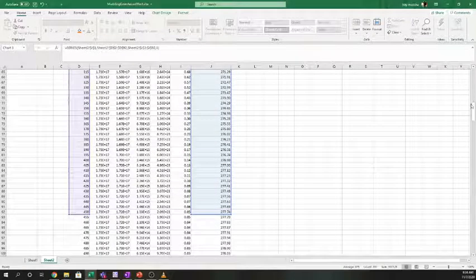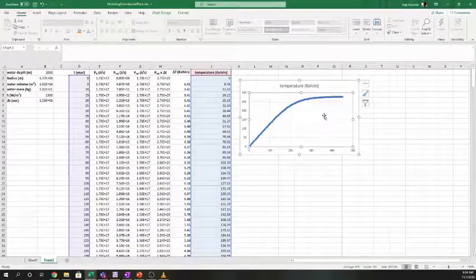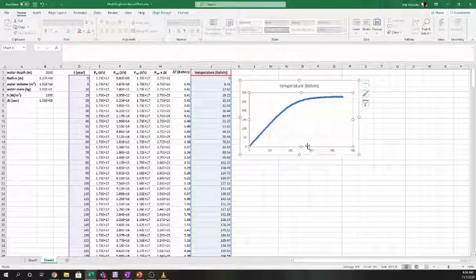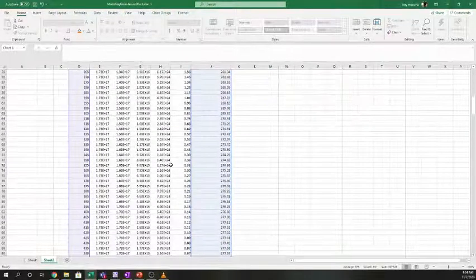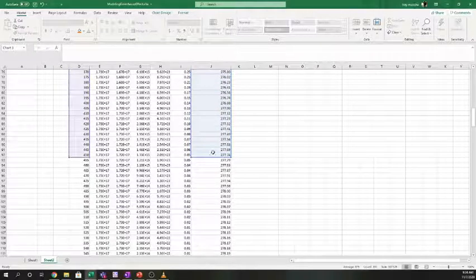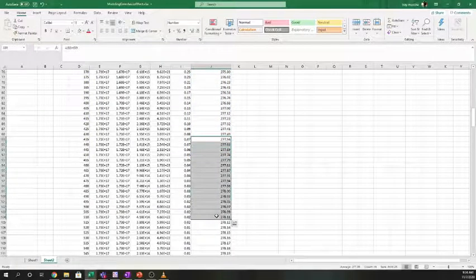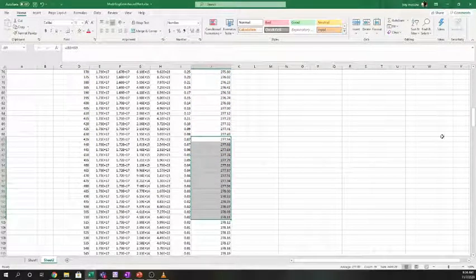Okay. And so if we make the time interval a little bit longer, then it takes fewer points of calculation. But we can see that this is flattening out here at the top. And if we scroll down, we see that the temperature is somewhere in the neighborhood of 277, 278 Kelvin.